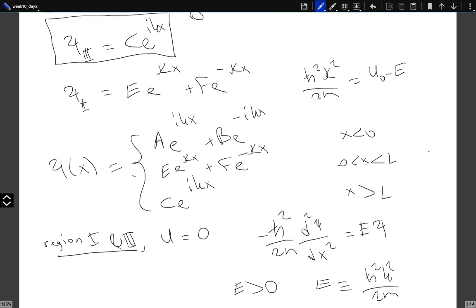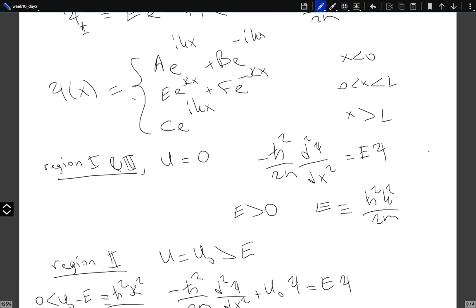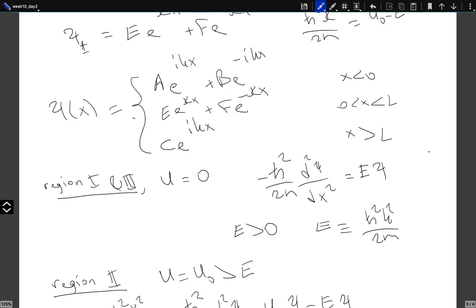Well, let's see, what is the outflux? This is my wave function. Well, flux basically has two components. One, the probability, second, the velocity. Now, the probability will be given by this C, the amplitude in region 3.